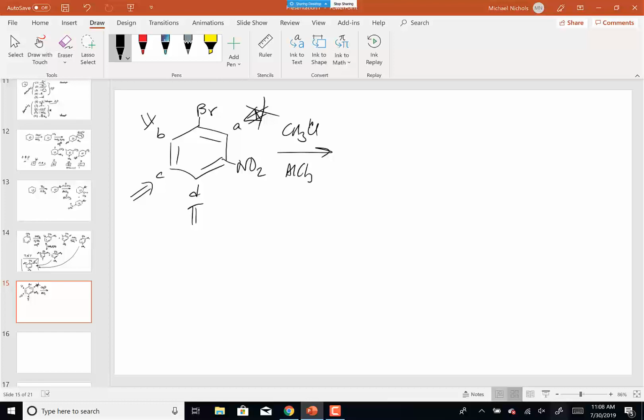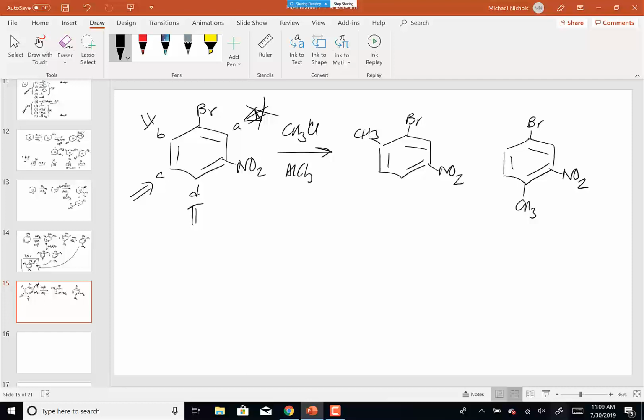So that means if the BR wins, then we are going to add the methyl group to the ortho position to the bromine, and then I'm going to add the methyl group to the para position relative to the bromine.